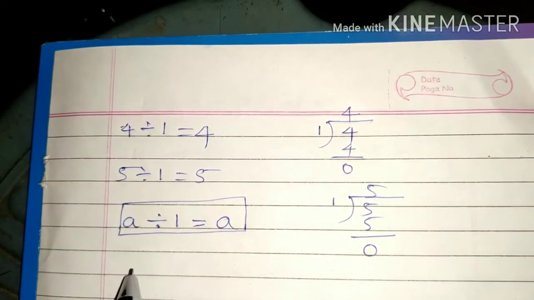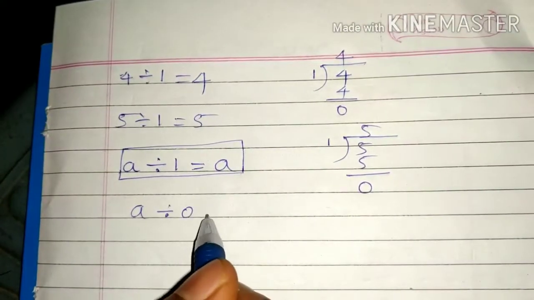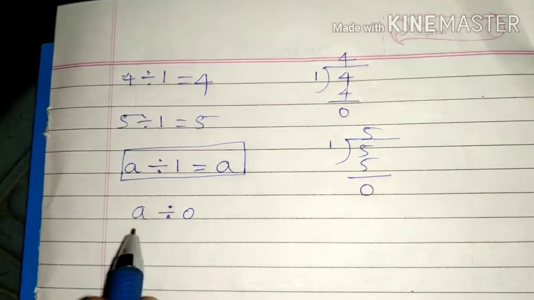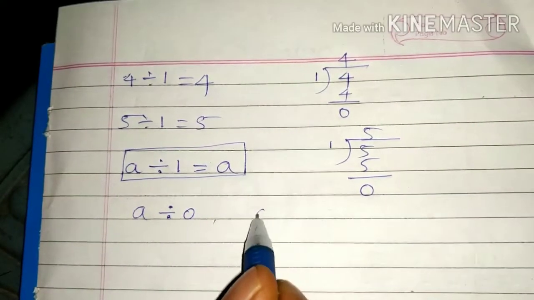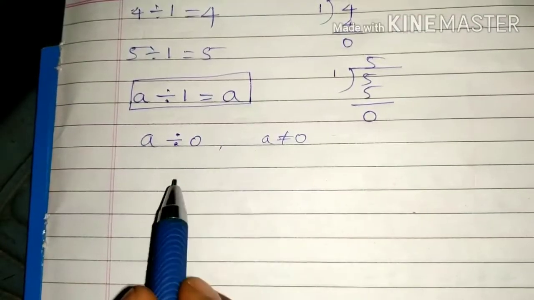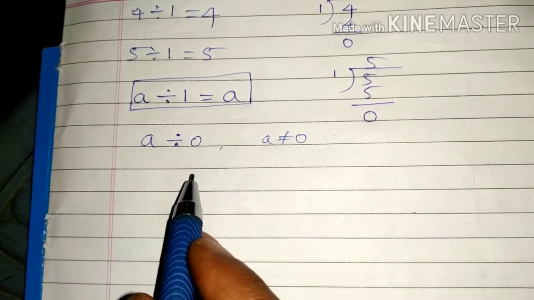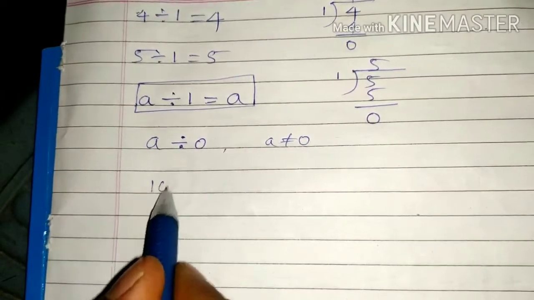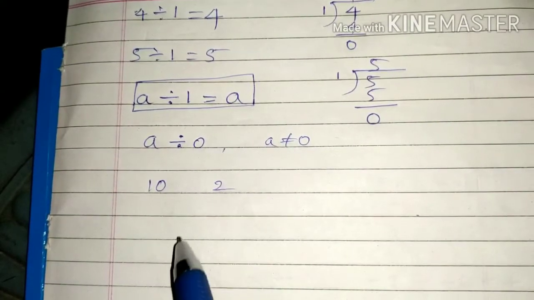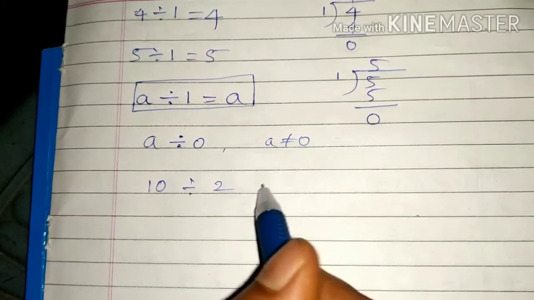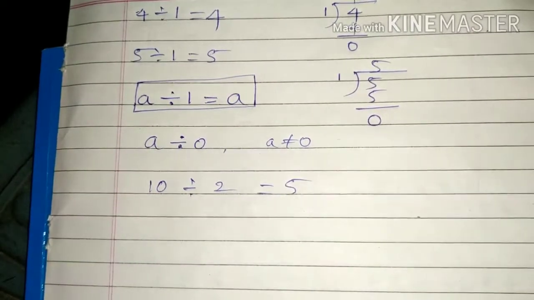Suppose you divide any number by 0, for example a divided by 0, then it is meaningless. You should know that division of any integer by 0 is meaningless, because division comes whenever we want to distribute or divide something. Suppose you have 10 chocolates and you want to distribute them to 2 people, then you go for division. Each one gets 5, right?